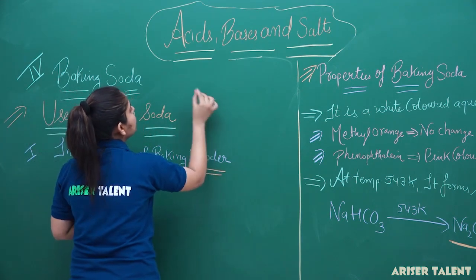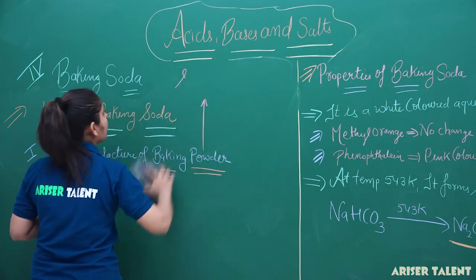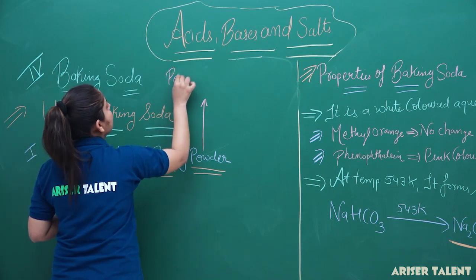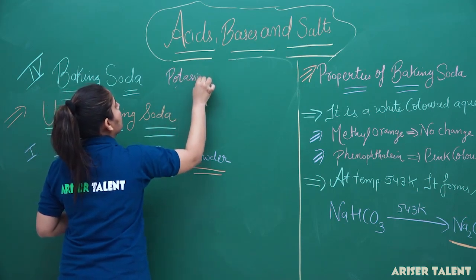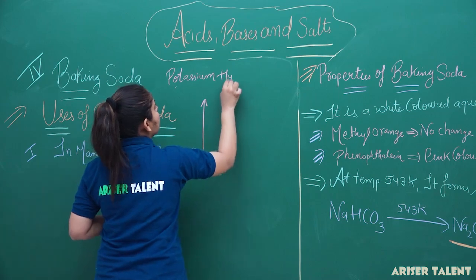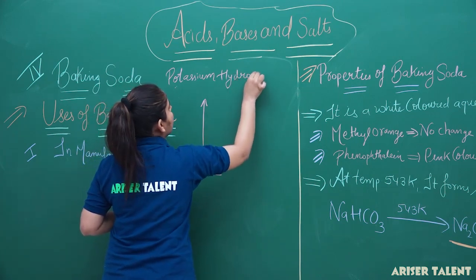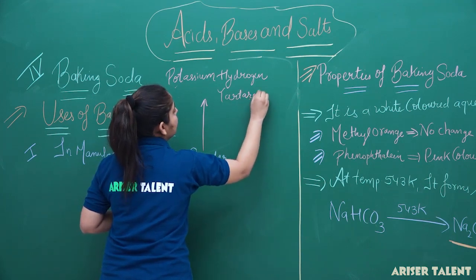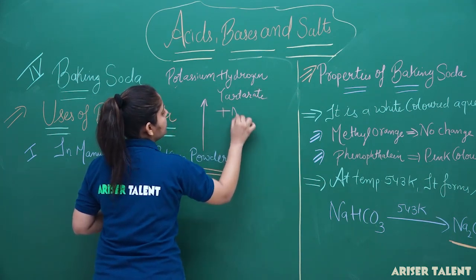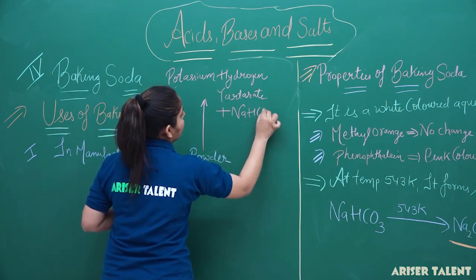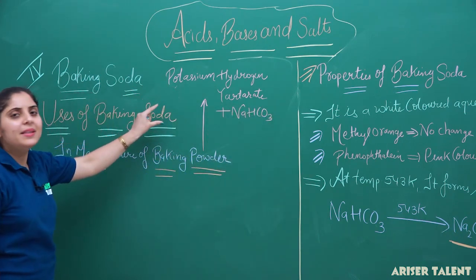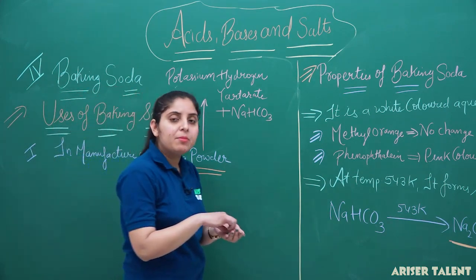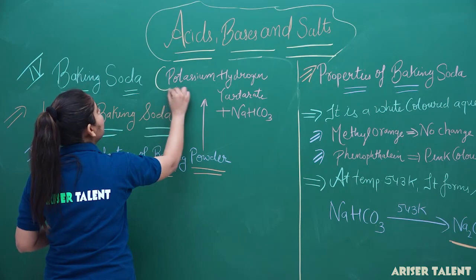It is actually potassium hydrogen tartrate plus NaHCO3. So this will be the formula for the baking powder. Now we will see how the baking powder can be formed from this reaction. So this will be our basic formula.